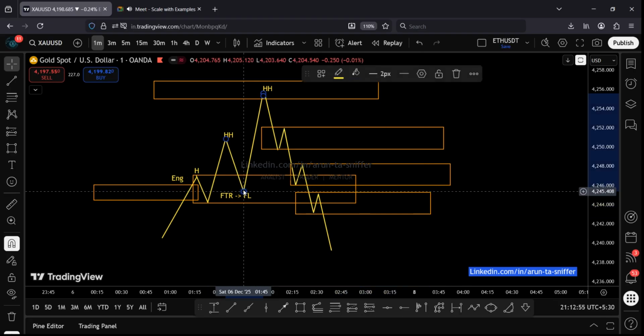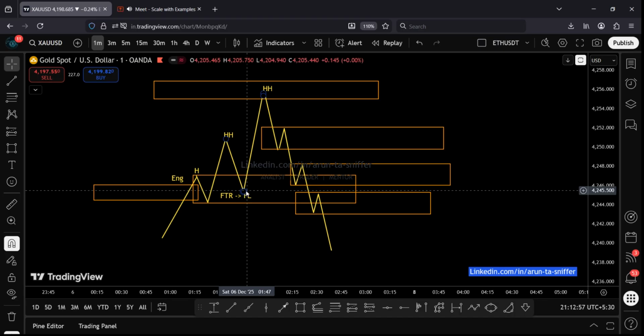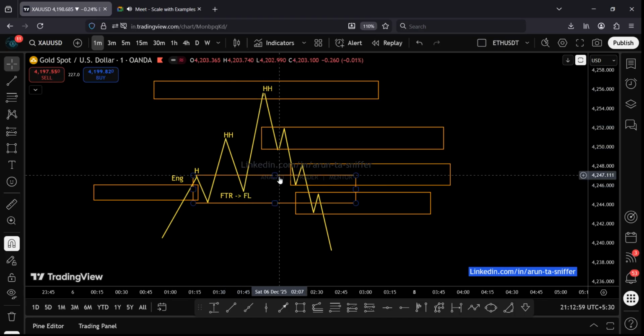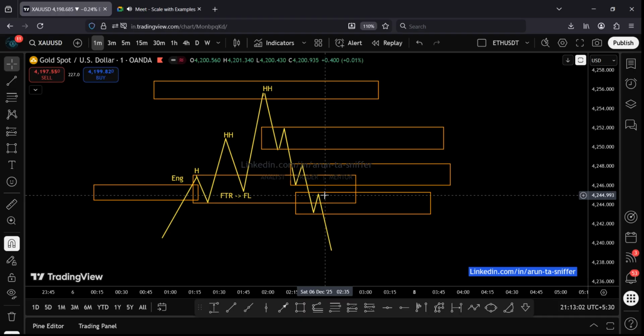Look at this. This is from where the price reached the target. So engulf of this results in RSFL. This is what we have already studied in the past.